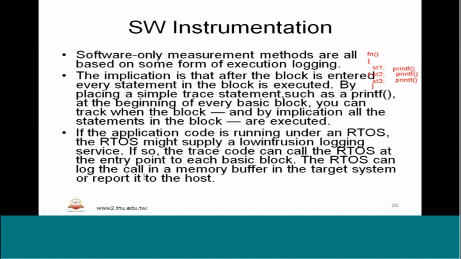That means the RTOS will have a functionality to see what are the statements that can be traced or not traced, etc. The feature or functionality is available within the RTOS that can be used for tracing out all the statements within the block. But mostly non-RTOS embedded systems use instrumentation with the help of a tool.